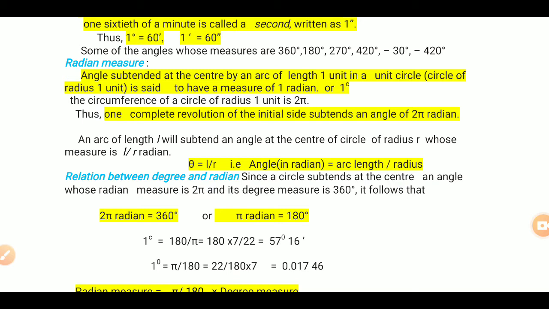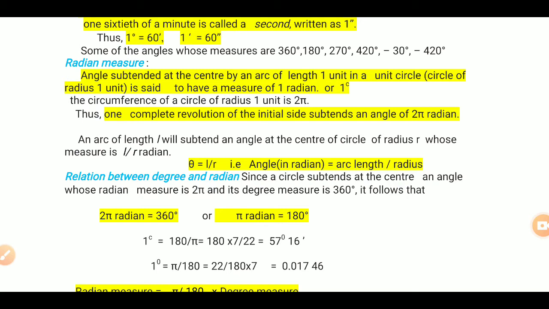Now the relation between degree and radian. Since a circle subtends at the center an angle whose radian measure is 2 pi and its degree measure is 360 degree, 2 pi radian is equal to 360 degree. So pi radian is equal to 180 degree.